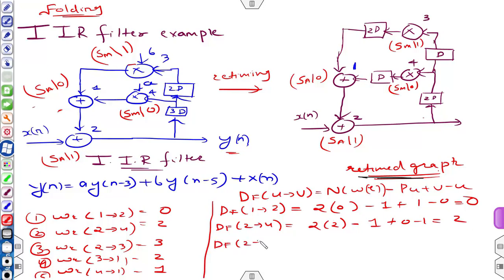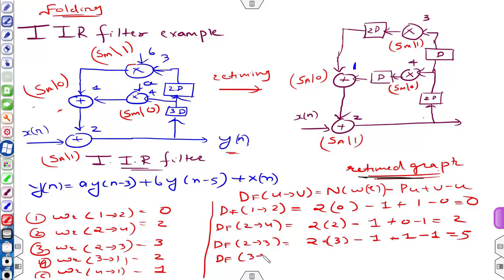DF 2 to 3 will be given by 2 into total 3 delay elements, minus 1 because it is an adder, plus v is 1 and u is also 1, so it is 5.